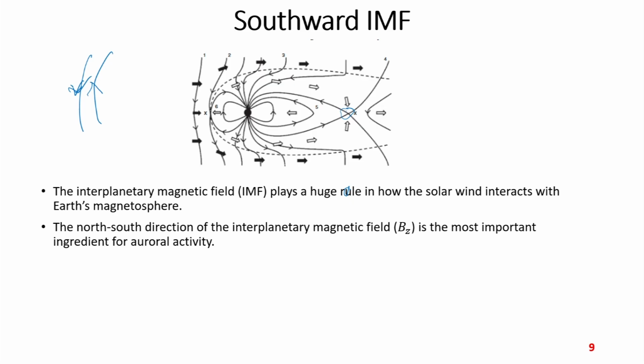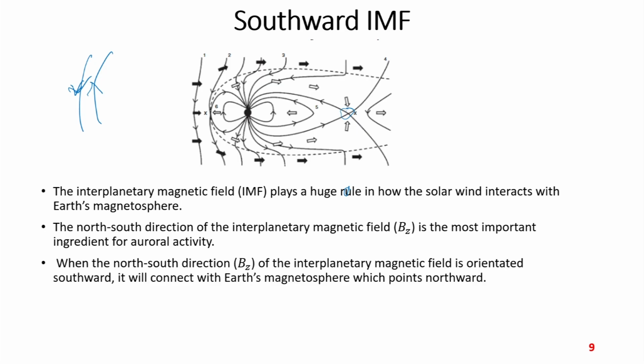The north-south direction of the interplanetary magnetic field, Bz, is the most important ingredient of auroral activity, which we will see when we discuss the geomagnetic storm and substorm. When the Bz of the interplanetary field is oriented southward, it will connect with the Earth's magnetosphere, which points northward.